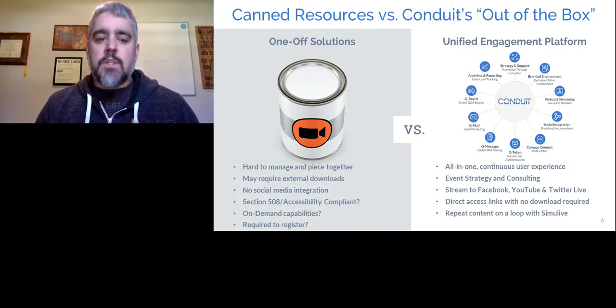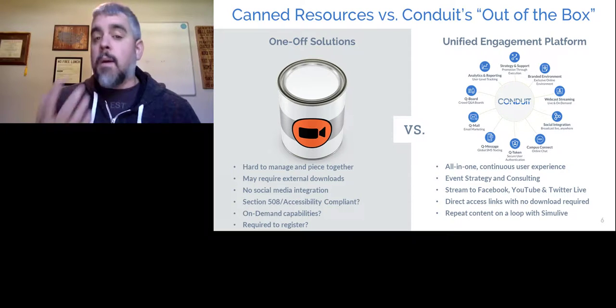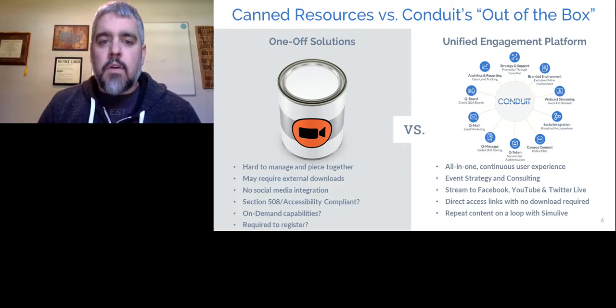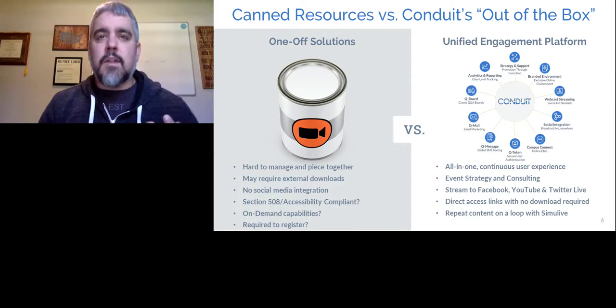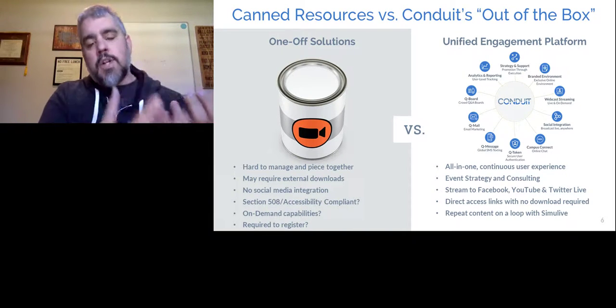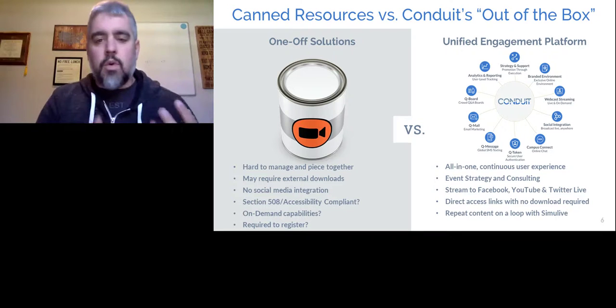So, from a software perspective, that's one of the main differences between, and we've talked about this on past quarterly updates, and we've shared this a few times. But for those who might be viewing this for the first time, when we're comparing Conduit as a platform against one-off tools and solutions, there's just a lot of different components that you don't get when you're trying to piece things together with a webinar platform and a chat platform and trying to organize it with your whole calendar.